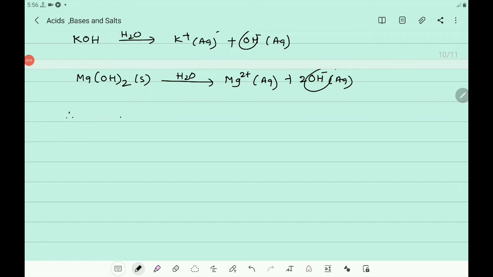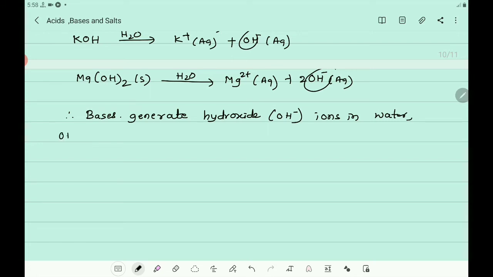Therefore, you write bases generate hydroxide ions, OH minus ions, in water. So you can write that as OH minus aqueous.